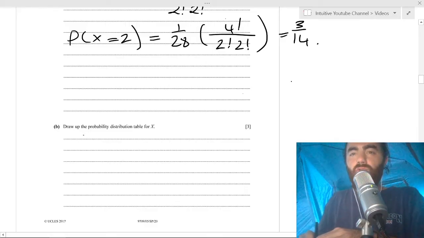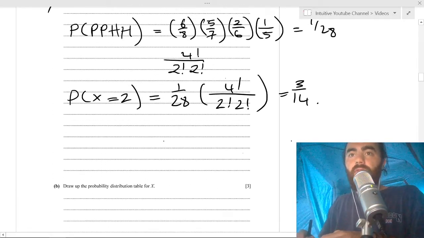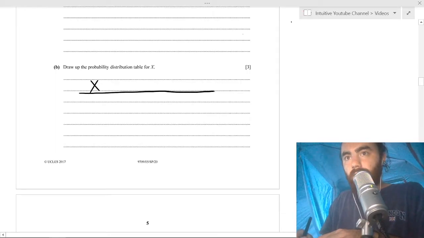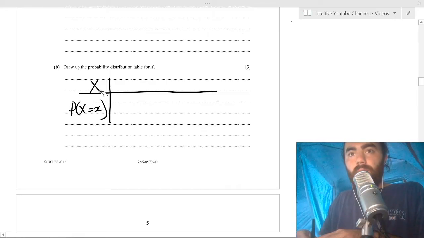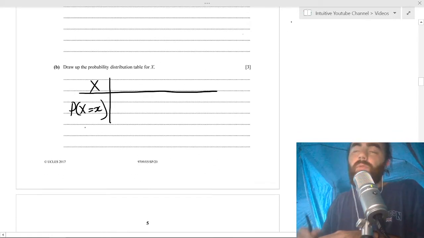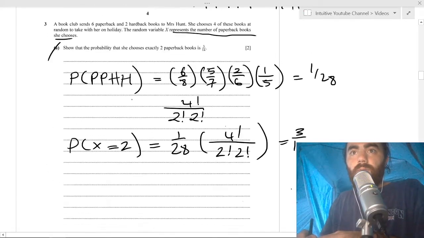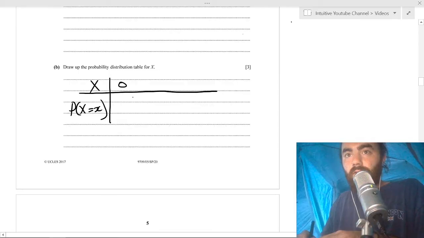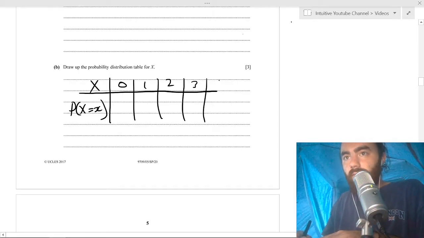B, now it says draw up a probability distribution table for x. Well, that means we have our x, and we have the probability that x equals x. The number of paperback books she chooses could be 0, 1, 2, 3, 4.